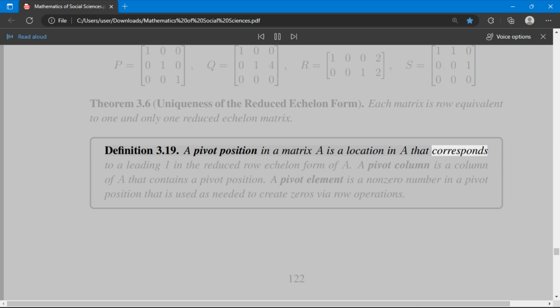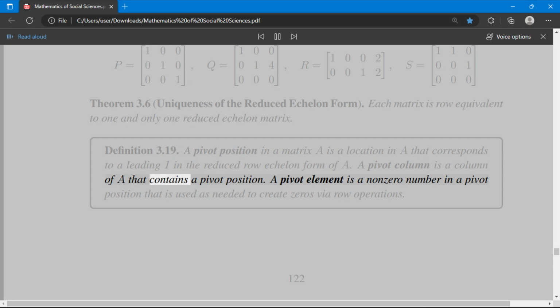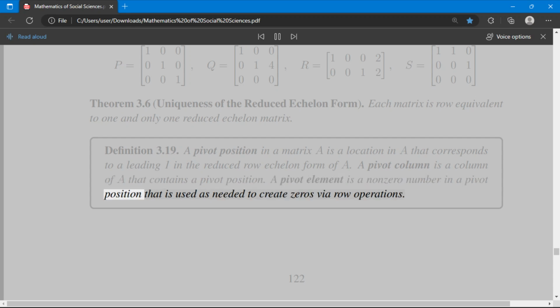A pivot position in a matrix A is a location in A that corresponds to a leading one in the reduced row echelon form of A. A pivot column is a column of A that contains a pivot position. A pivot element is a non-zero number in a pivot position that is used as needed to create zeros via row operations.